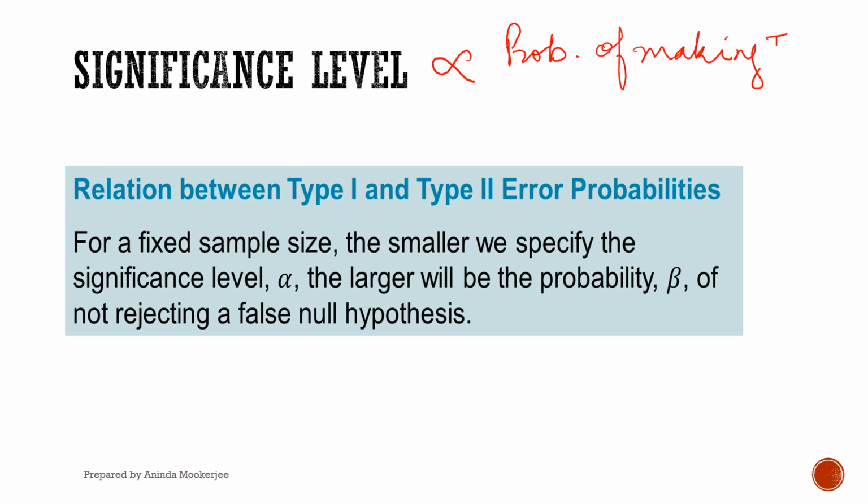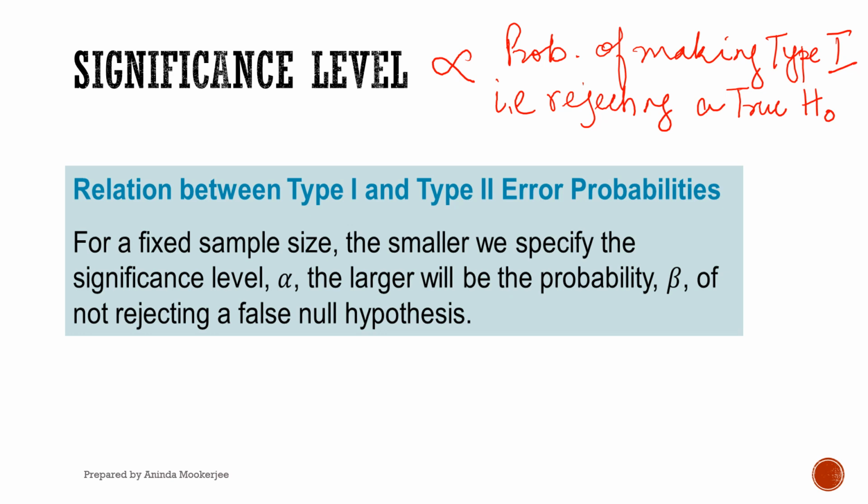So what is a type 1 error again? It is rejecting a true null hypothesis. That's what a type 1 error is. And the significance level always has to do with the type 1 error.